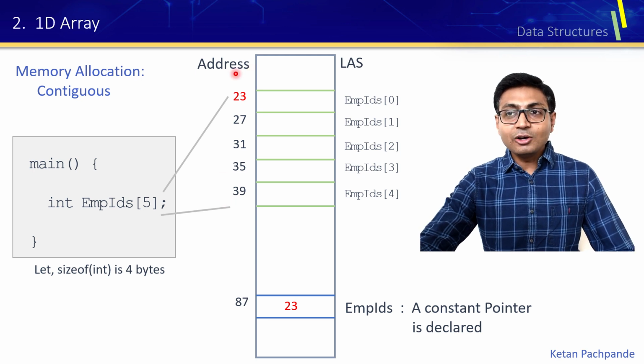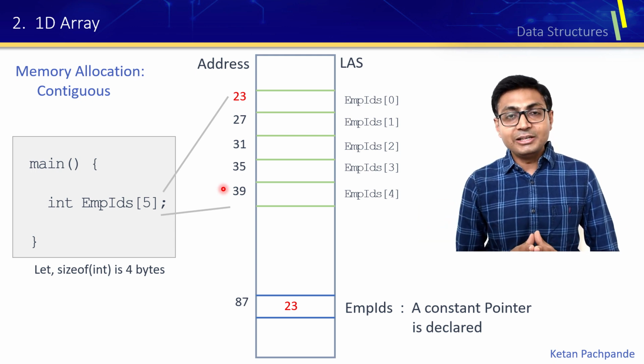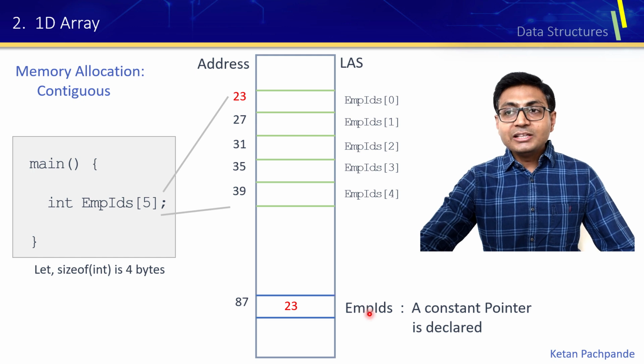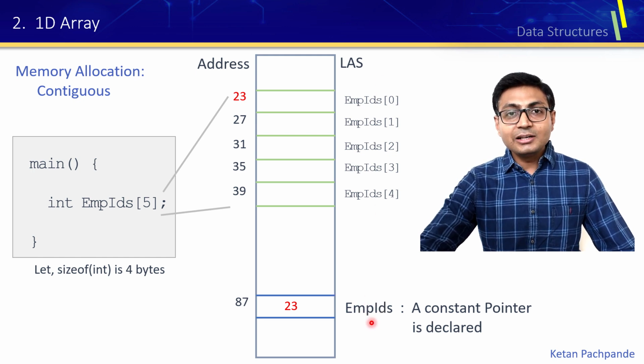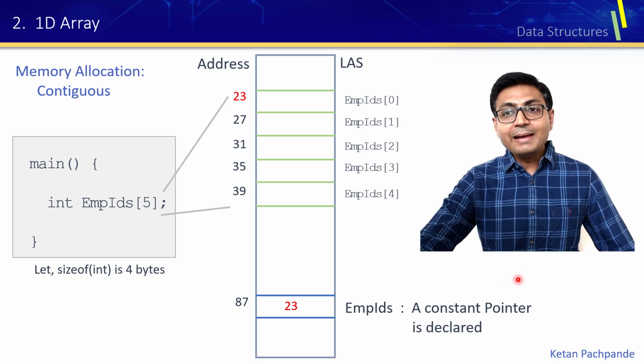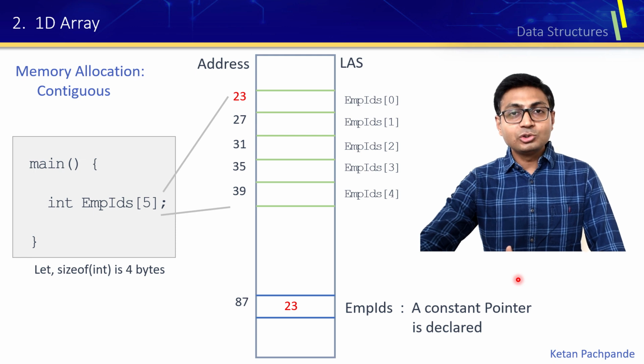So with an offset of 4, every element will be situated in the memory. And out of these 5 elements, the empIDs pointer will hold the address of the first element, that is 23 here. With the help of this pointer, I can access all the elements of the array.